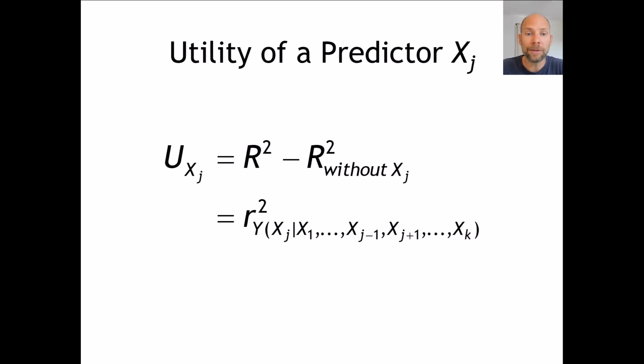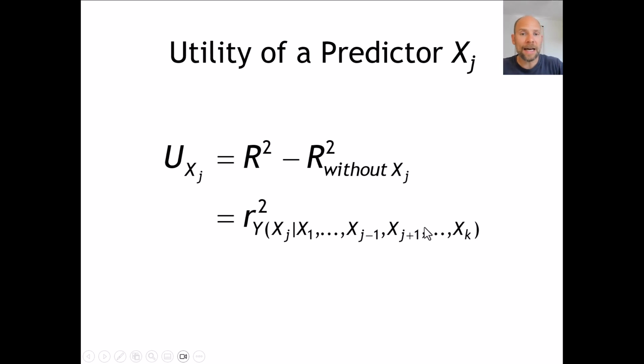That is equal to the squared semi-partial correlation of the criterion variable with that predictor xj, partialing out all remaining k predictors. In this case, it would be only the second predictor. So when we have only two predictors, it's the semi-partial correlation between y and xj, partialing out the second predictor, and then that is squared. The squared semi-partial correlation gives you the utility of xj.